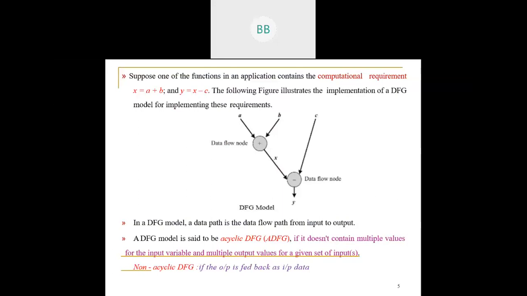If the arrow goes out of the circle, then it is called output data. Generally, the DFG model is of two types, acyclic DFG and non-acyclic DFG. In an acyclic model, there are no multiple inputs or output values, whereas in the case of non-acyclic, the output is fed back to the system as input data.